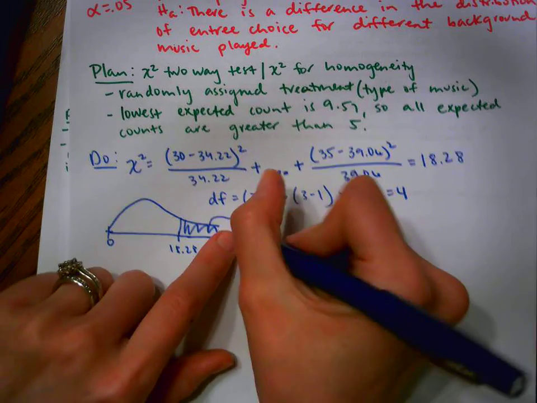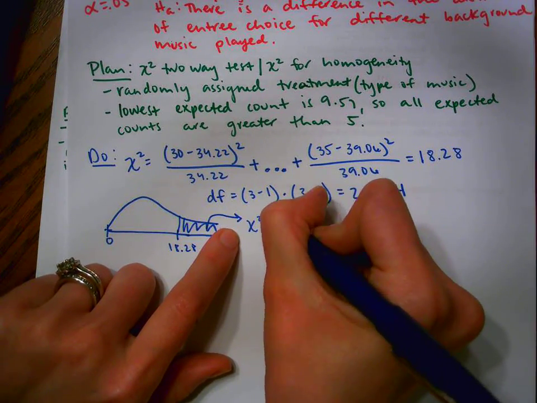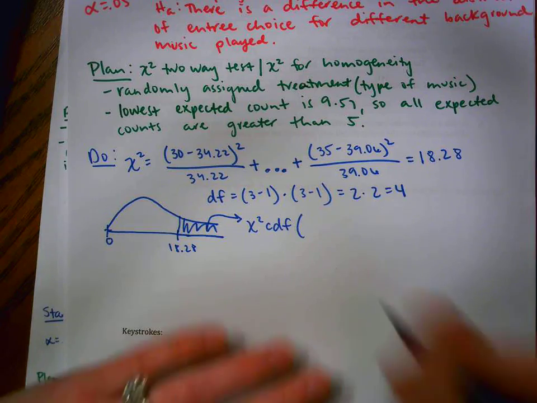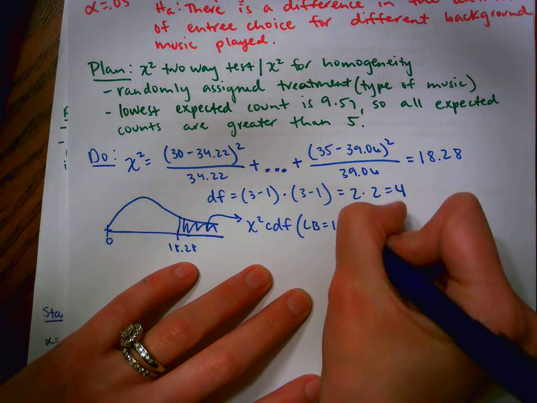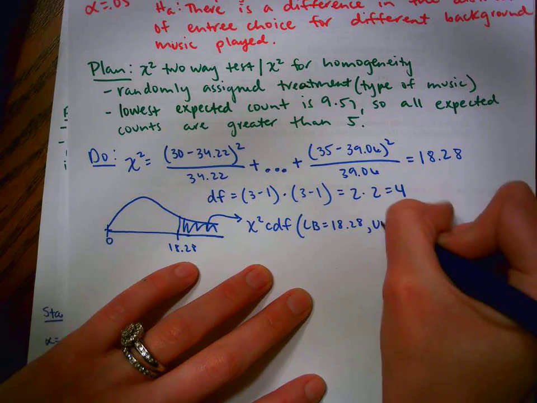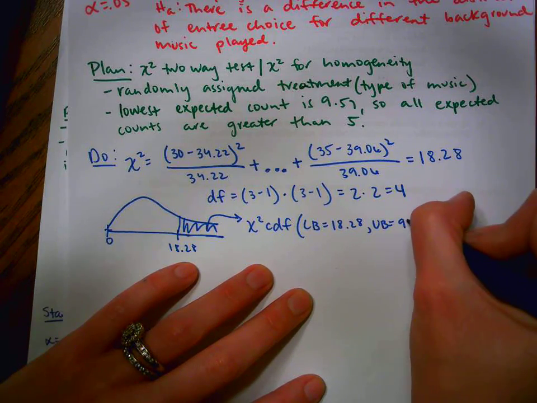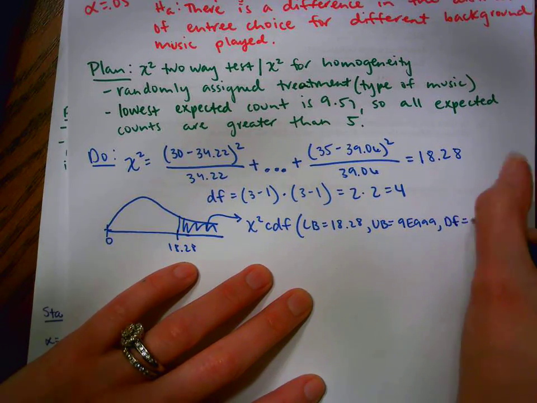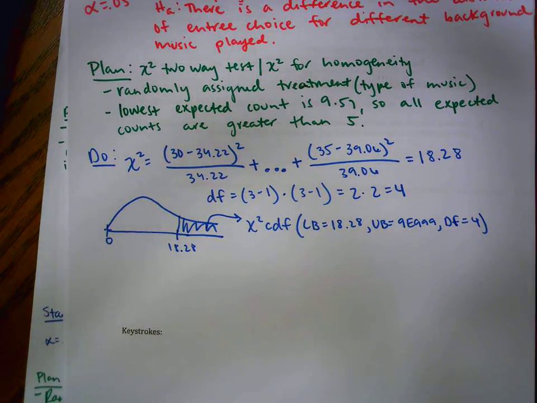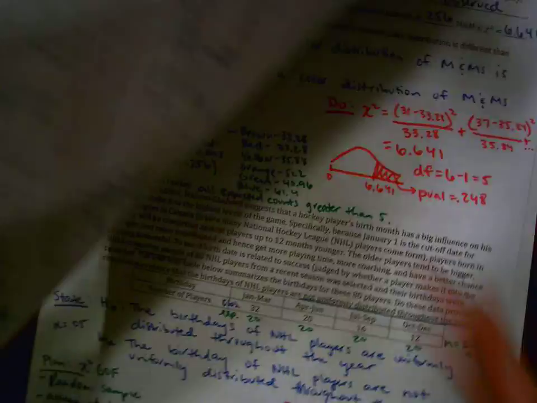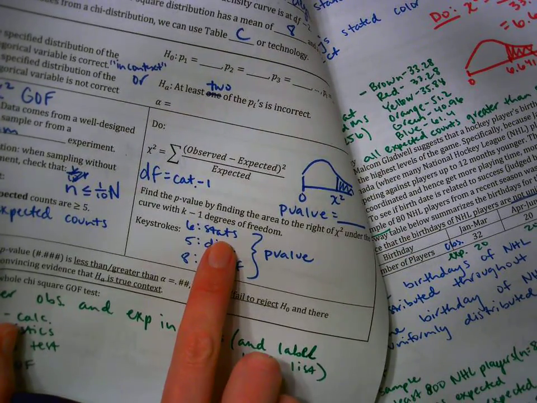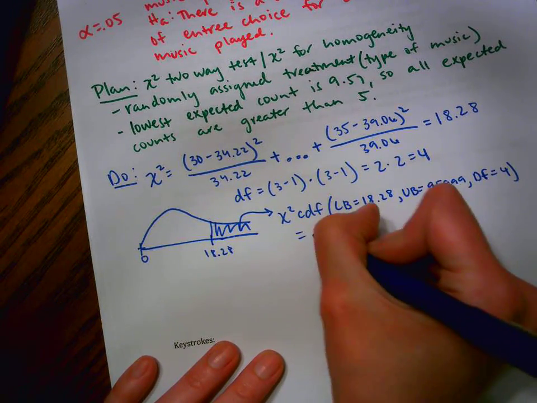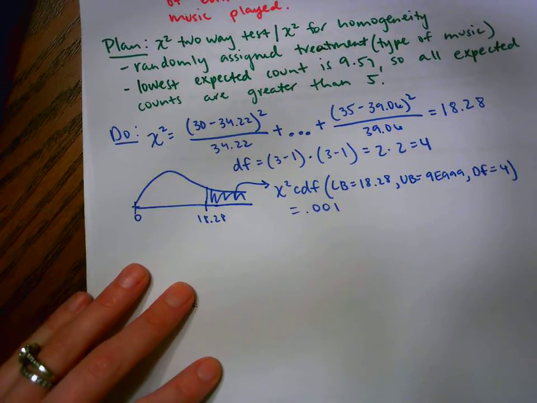You would go to chi-squared CDF, and you would put the lower bound, which is your test statistic, 18.28, your upper bound, which is infinity, and your degrees of freedom, which is 4. It's in your notes how to get there, under goodness of fit. You should get 0.001. So that is your p-value.